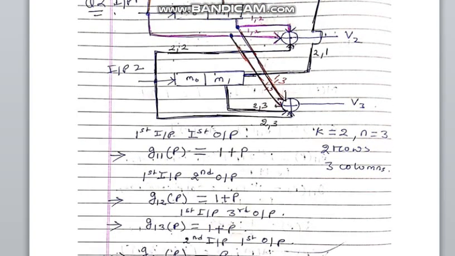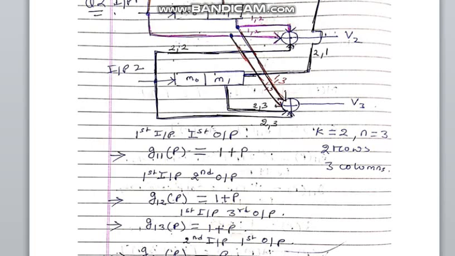So we will write them individually. Now first input and first output. You can see that the output V1 is generated because of the connection of M0 and M1 of the first input. Therefore, we will write its polynomial as 1 plus p.